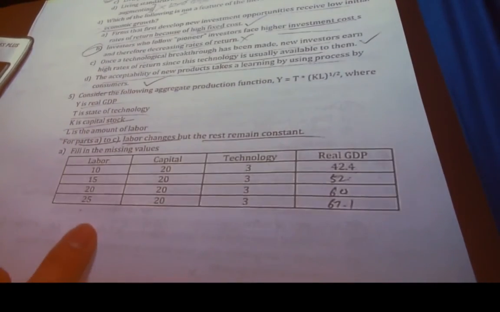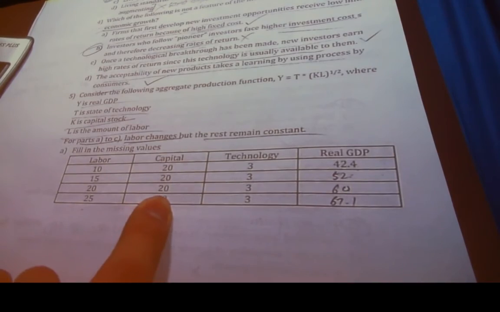It means when T increases, Y increases by 20 with no change in L or K, which means that things become more efficient compared to when there's 20 labor and capital, technology is 3, you only get 60. But when technology is 4, while labor and capital is the same, you get 80. So this is the technology growth they mentioned in the neoclassical growth model.